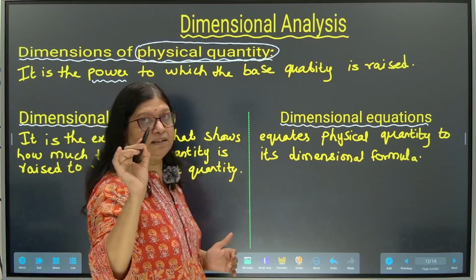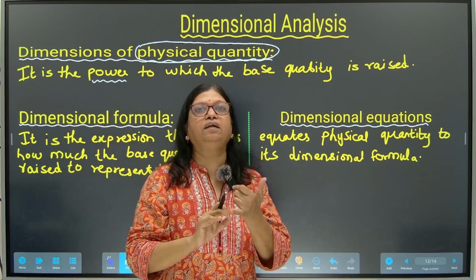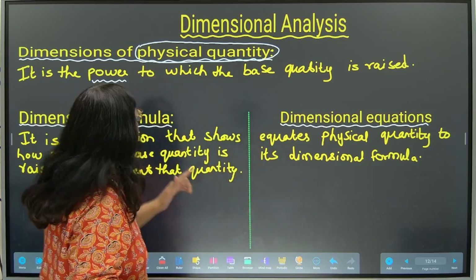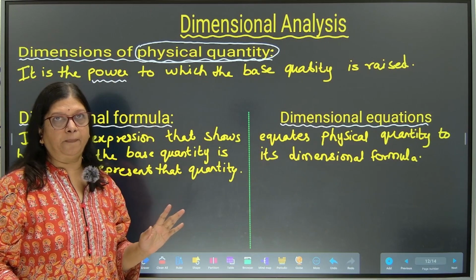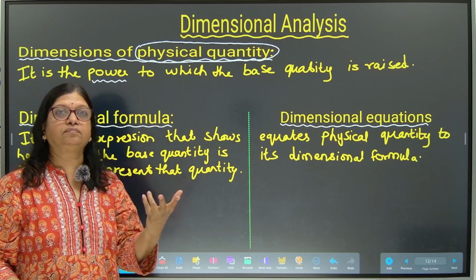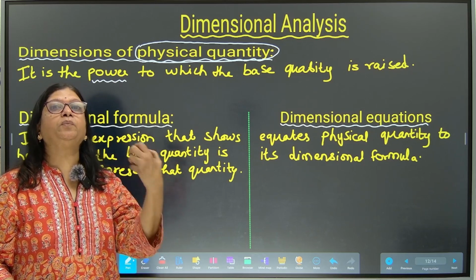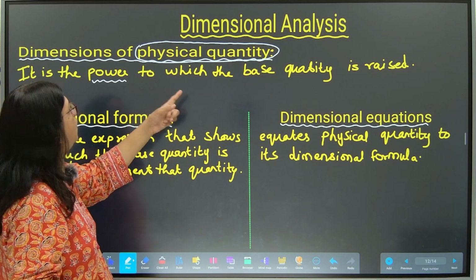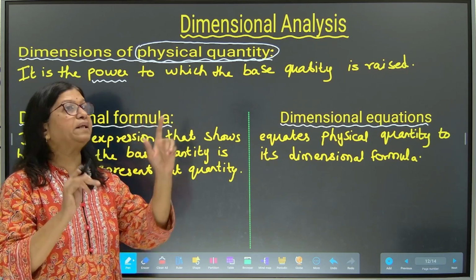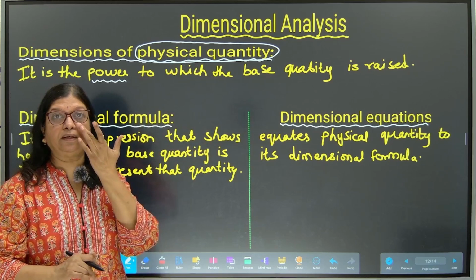That is called the dimension of that physical quantity. So it is the power to be raised to what? To the base quantity to represent that physical quantity.